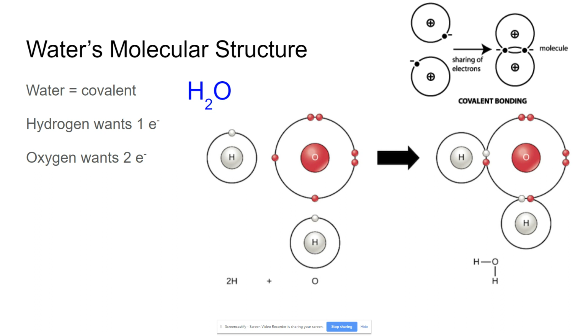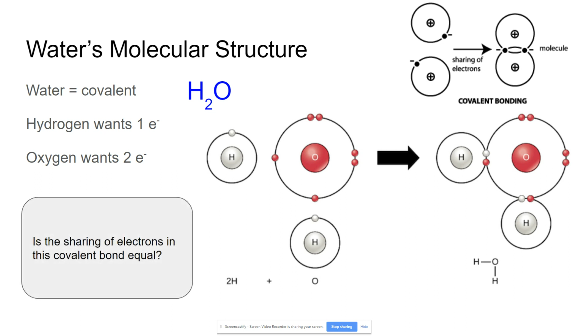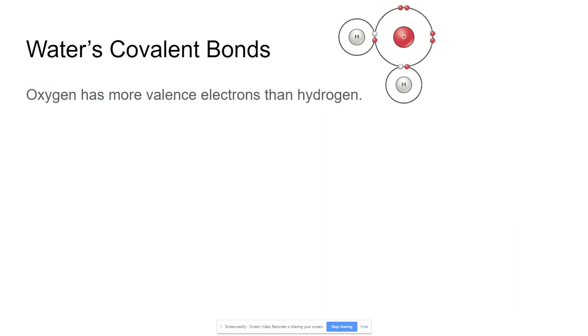But looking at this picture, do you notice anything about how the electrons are distributed? Specifically, is the sharing of the electrons in these bonds equal? And this is where we get into some very important characteristics about water's covalent bond.